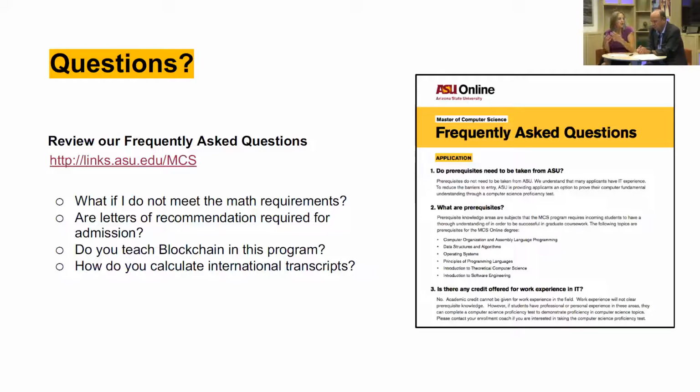For things like GPA, there's a pathway where they can come in and demonstrate their ability to succeed in graduate-level classes. If it's for math, you have to go back and take those classes, which is usually done locally or offered online. So it varies a little bit by student.